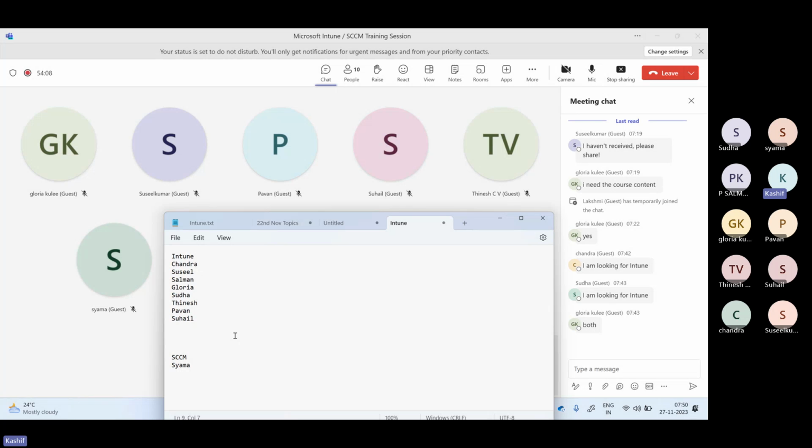Tomorrow we will meet at 7 o'clock for the Intune session, guys. So Intune 7 a.m. to 8 a.m., SCCM 9 a.m. to 10 a.m. And these are IST, Indian Standard Time, guys. You have to convert to your local time zone. Sure, Kashif.